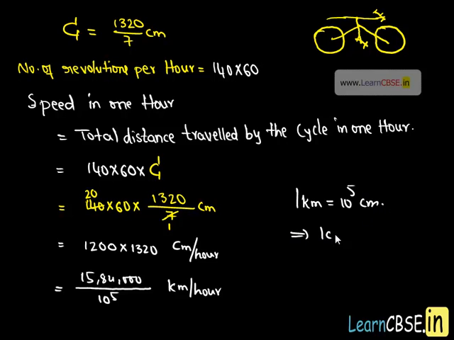On rearranging, we get 1 centimeter is equal to 10 power of minus 5 kilometers. On simplifying this, we get the speed, that is 15.84 kilometers per hour. Therefore, the speed of the cycle is 15.84 kilometers per hour. This completes our solution.